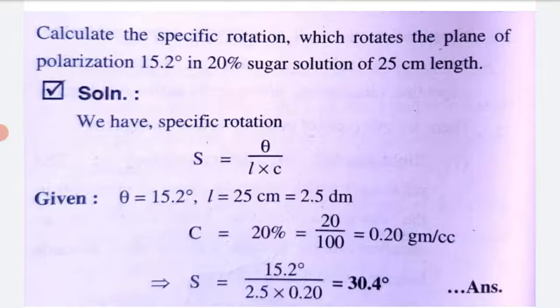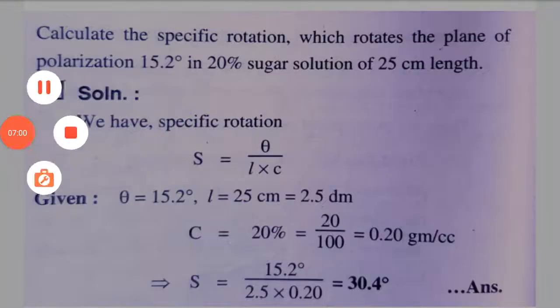Then C is equal to 20% which is 20 upon 100, equal to 0.20 gram per cc. Then specific rotation is equal to 15.2 degrees upon 2.5 into 0.20, which is 30.4 degrees.